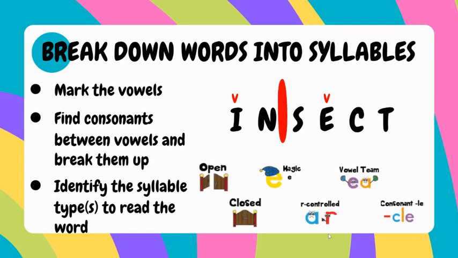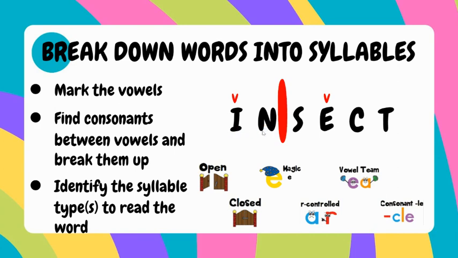Now we have to ask ourselves, what are the syllable types? The I and the N, what kind of syllable type is that? Is it open, closed? Is it a magic E situation? No. Is it an R-controlled situation? No, there's no R in this word. Are there any vowel teams in this word? No. Is there a consonant plus an LE situation? No. So we know that it's either open or closed.